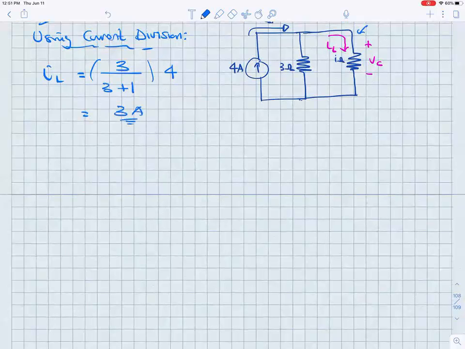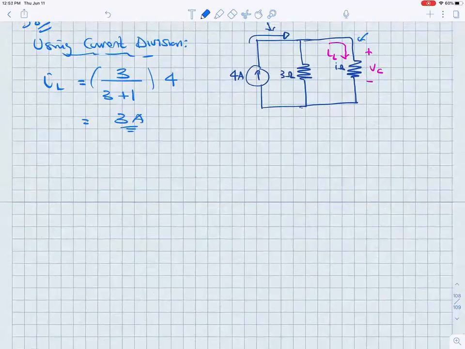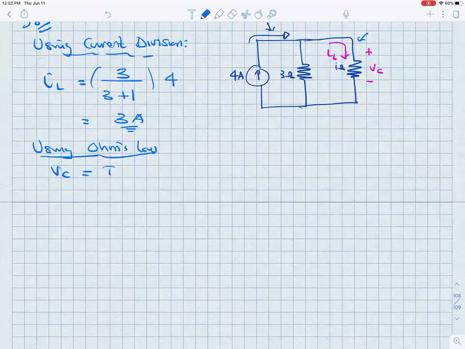So that's IL. And then how do you get your VC? Ohm's law. Using Ohm's law, VC is equal to I times R. This is going to be IL times 1, which is 3 times 1, and this is 3 volts.